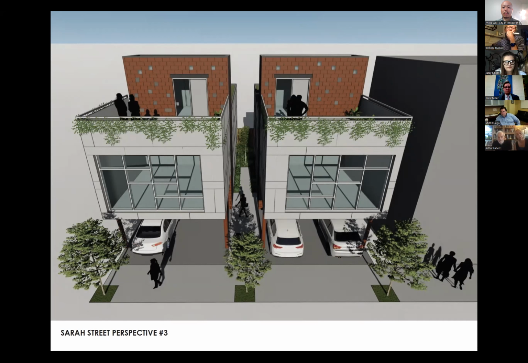And the variance we need is to be able to build the building on our side property lines almost up to the property line, which is like several other buildings. And the buildings in the rear of us are on the property line.